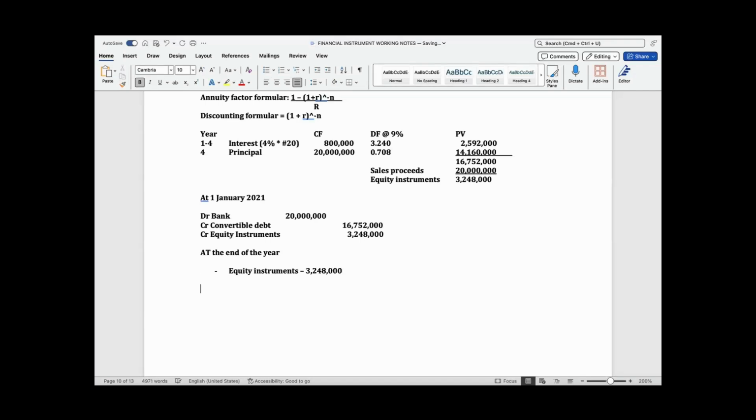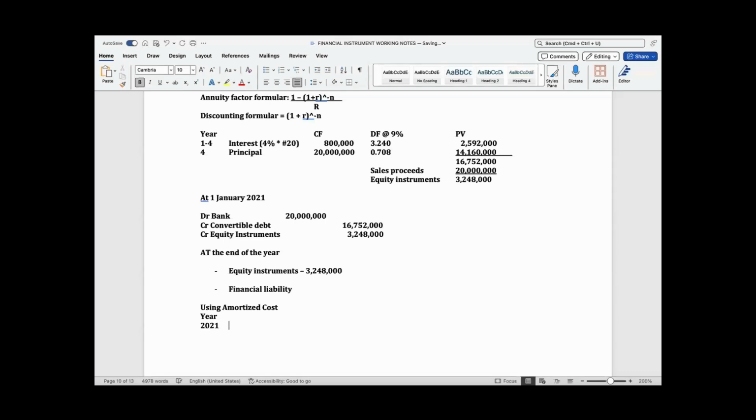But my financial liability will change because of interest, because you have to pay interest on financial liability. And since there is an effective interest rate, we have to use amortized cost to determine the value of our instruments. So let me use the table that you're familiar with.